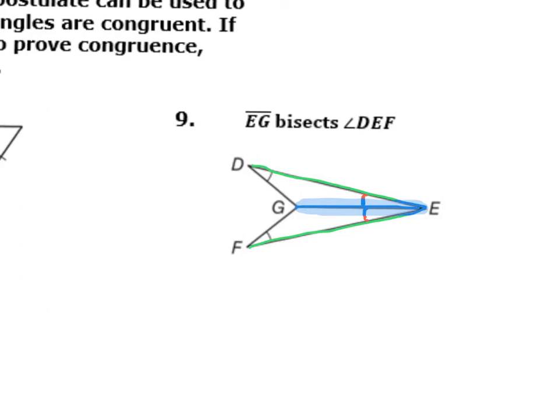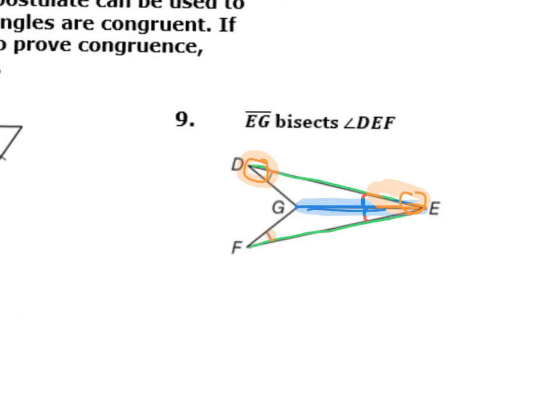Okay? So then what I'm going to do is look at my angles, and I see an arc mark right here that matches the arc mark down at the bottom. And then we added this arc mark because of my bisecting. So I can see 2 angles marked, and I can see one side marked.